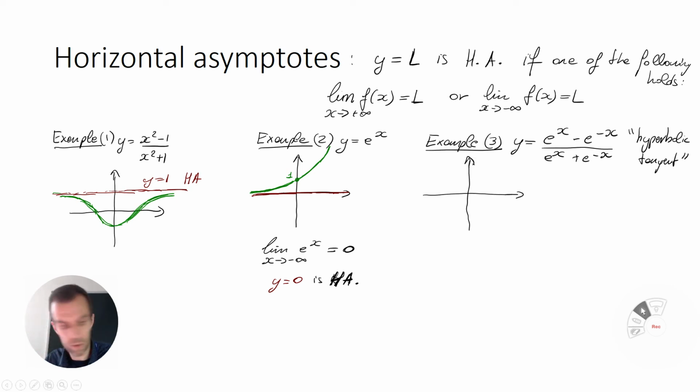This function has two horizontal asymptotes, one at y is equal to plus 1, one at y is equal to minus 1, and the function itself looks a bit like this.